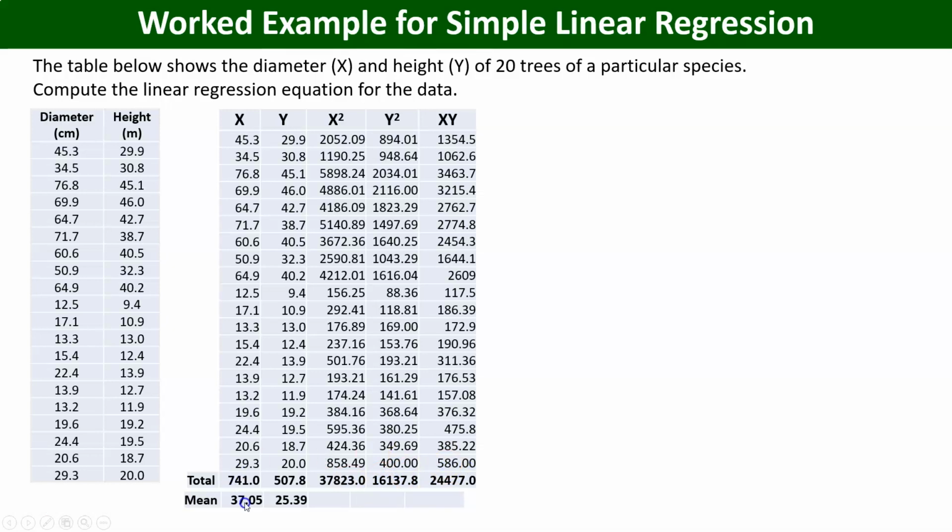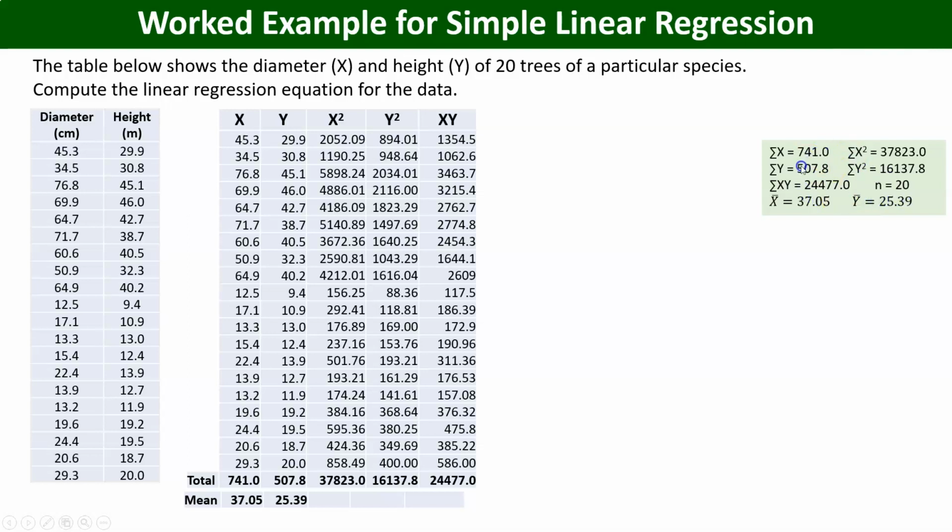In addition, you will also compute the mean of x and mean of y. So those are the things you will compute. So at the end of the day, you'll have these values: summation x squared, summation y squared, summation xy, and then n, which is your number of observations. So you count the pairs there, you have 20. And then the mean of variable x and mean of variable y.